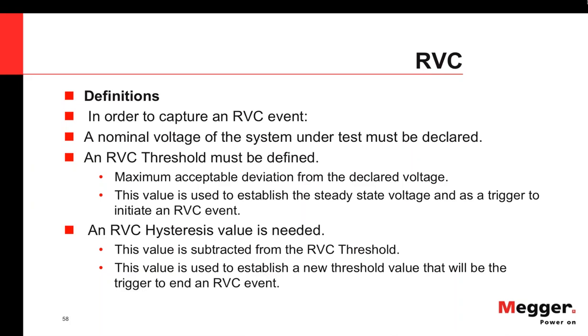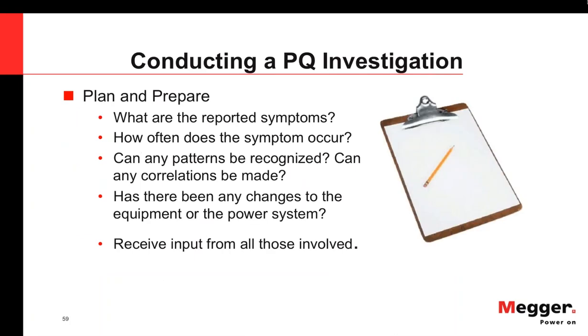If it does, an RVC event can begin. The RVC event will not stop until the voltage comes back within 3% plus a hysteresis value, which is typically set at 10%. And this must be maintained for another minute to get a steady state.